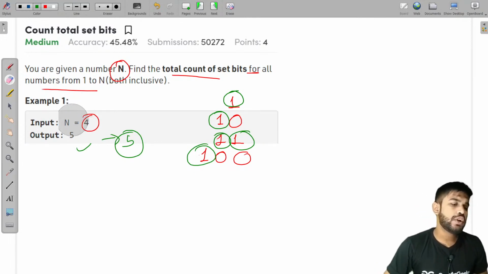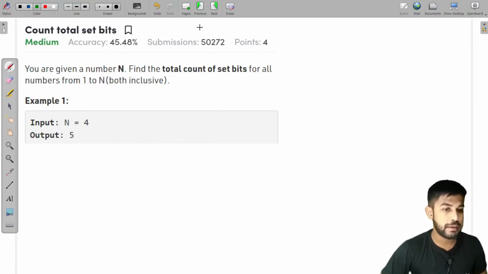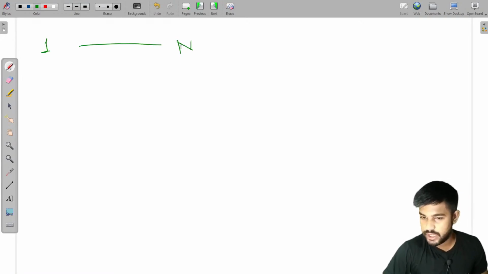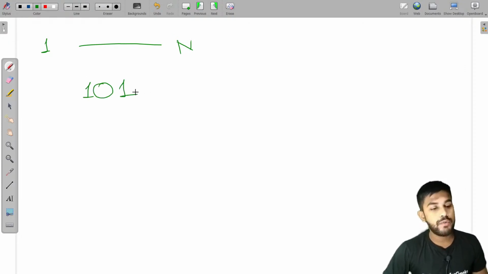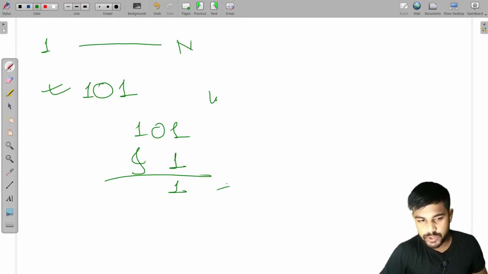Now to solve this problem, one way is that we would take the numbers from 1 to n itself and count the set bits in each number. How would we count the set bits of each number? Suppose we have a number 101. We can count its set bits while the number is greater than 0: we do 101 AND with 1, and if the answer is 1, we increase the count.